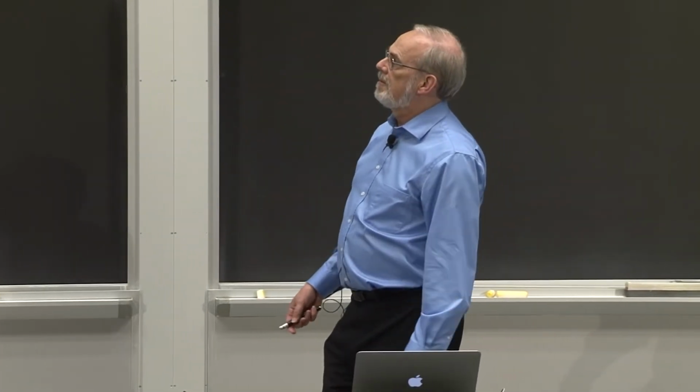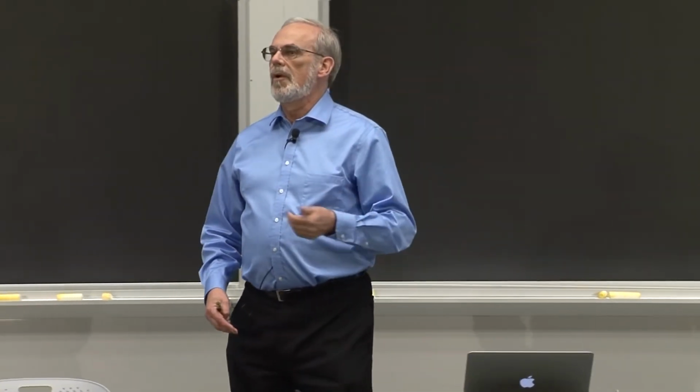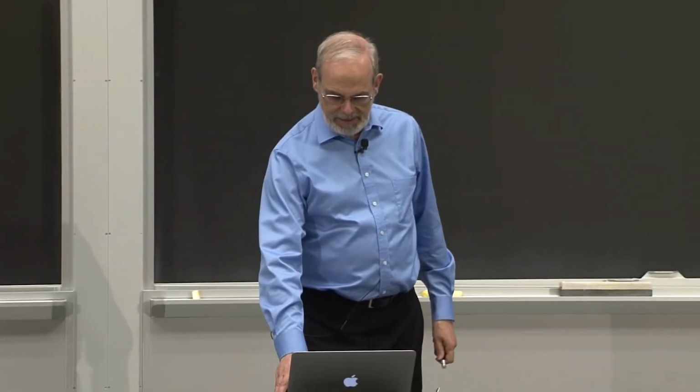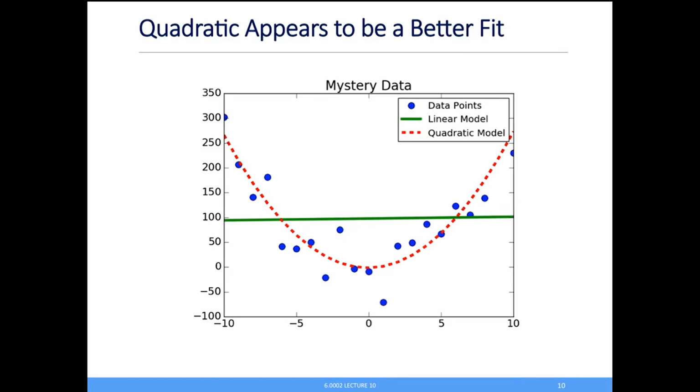So I could fit a quadratic. That is a second order model. y equals ax squared plus bx plus c. Run the same code, plot that out, and I get that. There's the linear model. There's the quadratic model. At least by eye, it looks a lot better, right? It looks like it's following that data reasonably well.